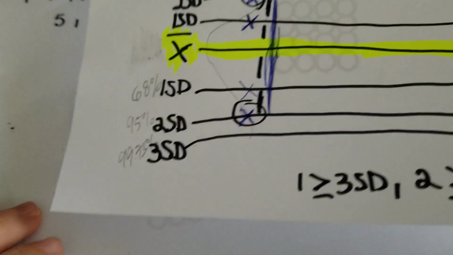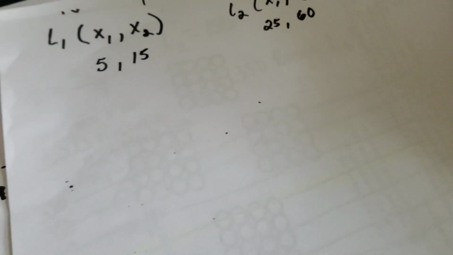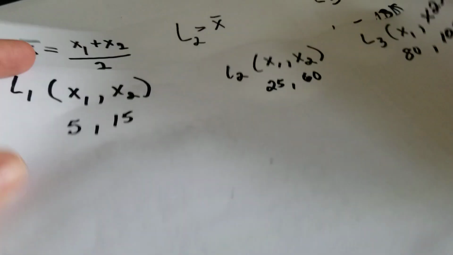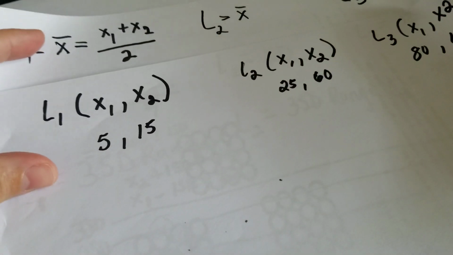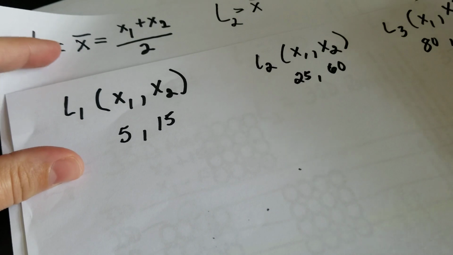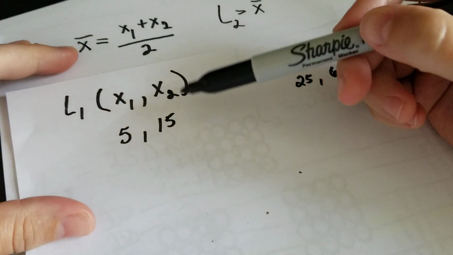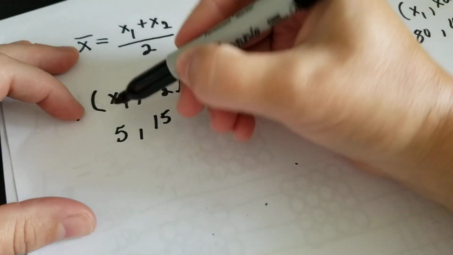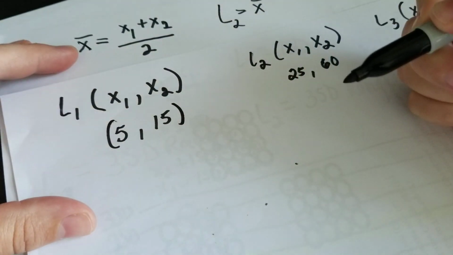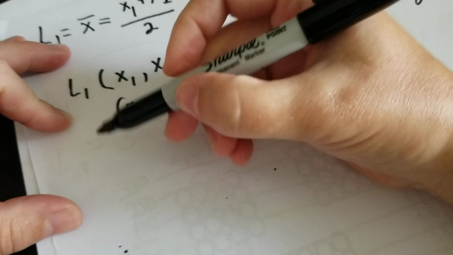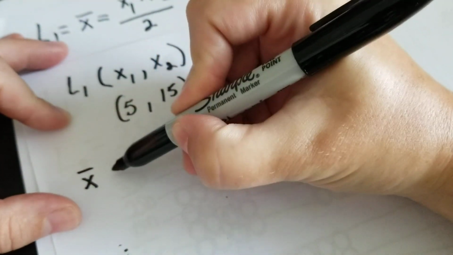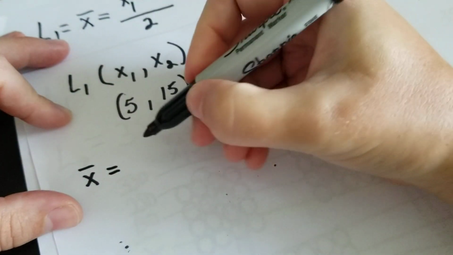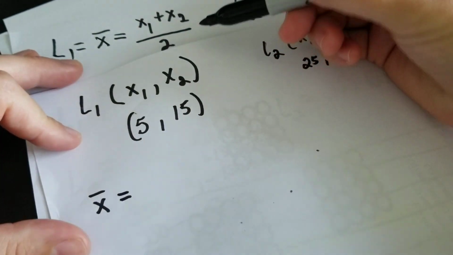All right, so our practice problem here, we'll do level 1 first. So we know that level 1, x1 is 5 and x2 is 15. Okay, so I want to figure out the mean for level 1. Do you remember the equation?